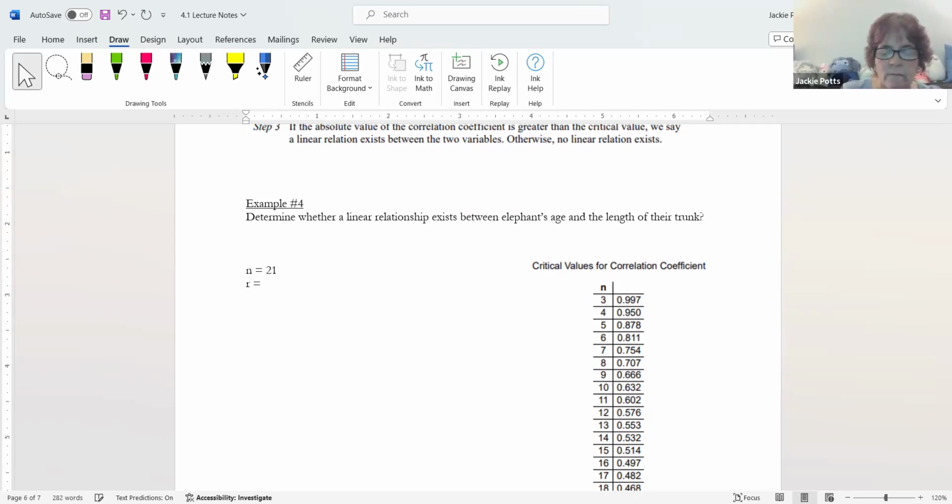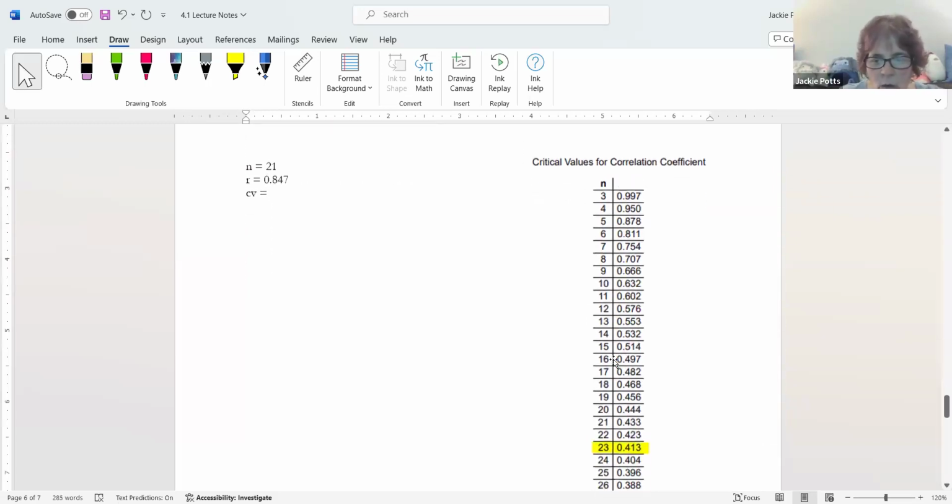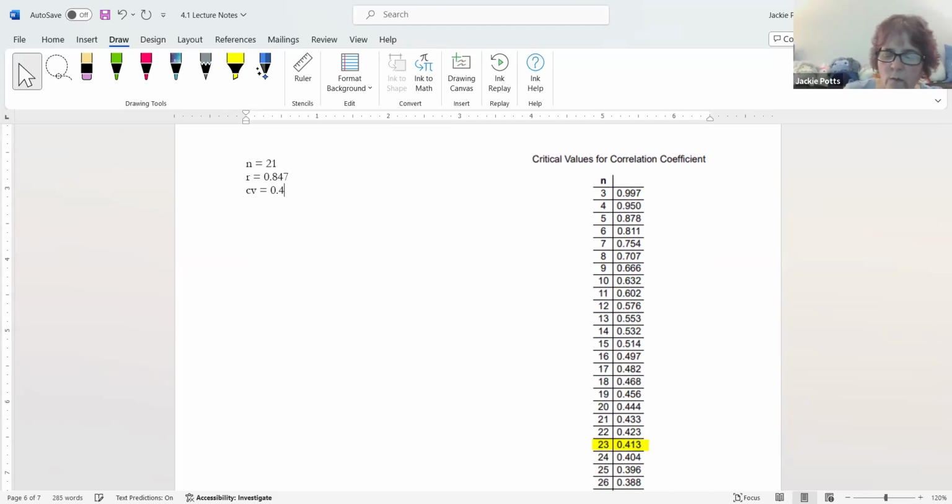So again, what was N equals... oh, I hate autocorrect. My R was what? 0.847. My crit value was 0.413. Since R is greater than my CV, there is a positive linear correlation.